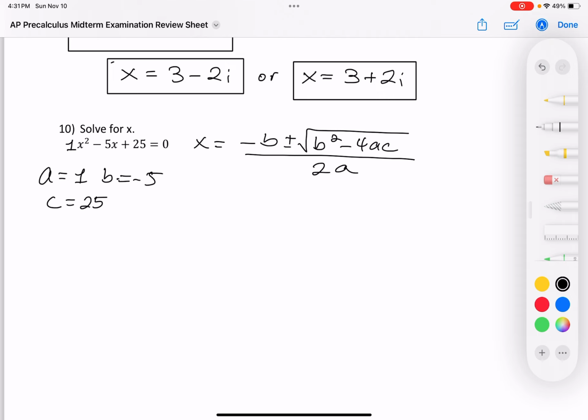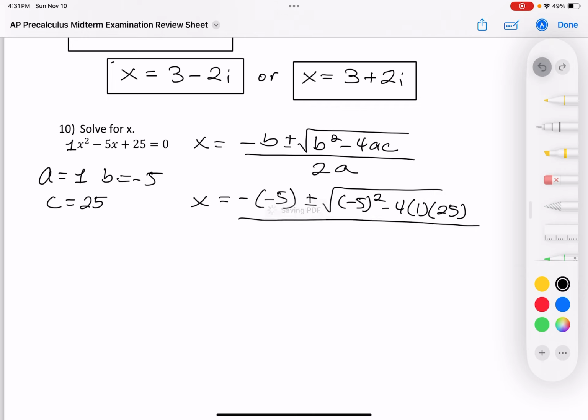So now we can substitute in. x equals negative of negative 5 plus or minus the square root of the quantity of negative 5 being squared minus 4 times a, which is 1, times c, which is 25.